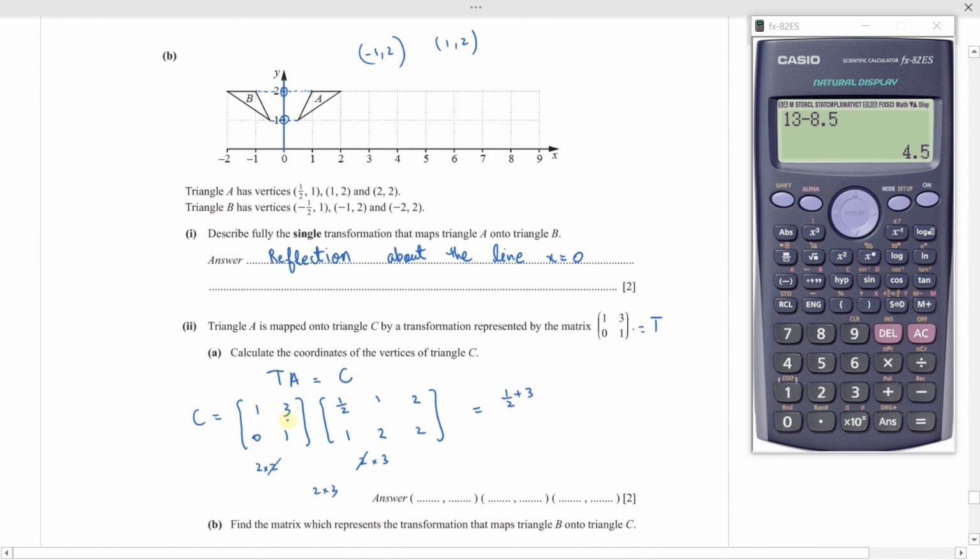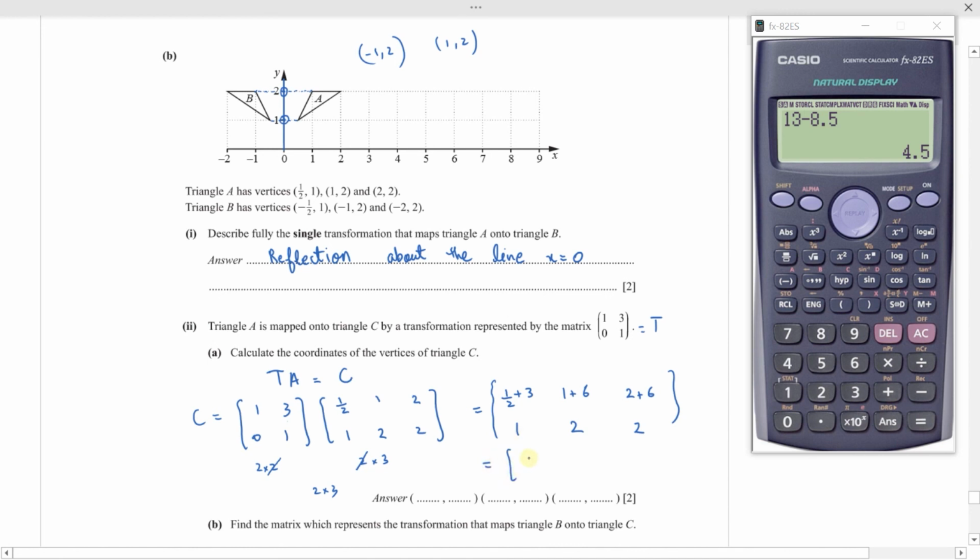Then this row times this column: 1 plus 6. This row times this column: 2 plus 6. Then 0 times 1/2 is 0, and 1 times 1 is 1, so 0 plus 1 is 1. 0 plus 2 is 2. 0 plus 2 is again 2.